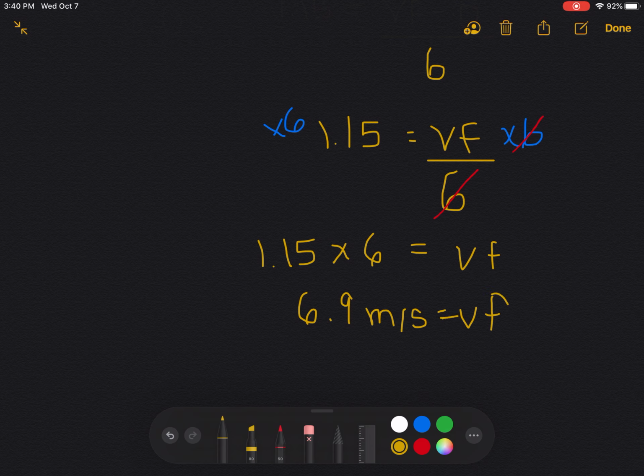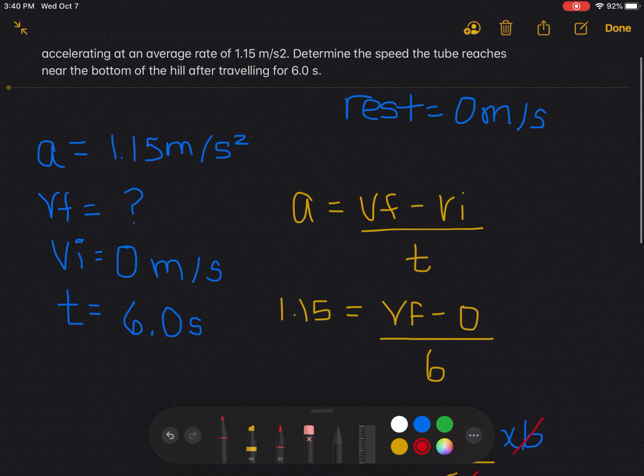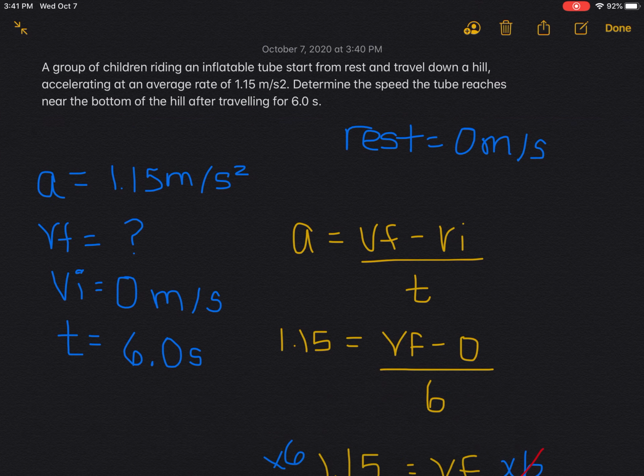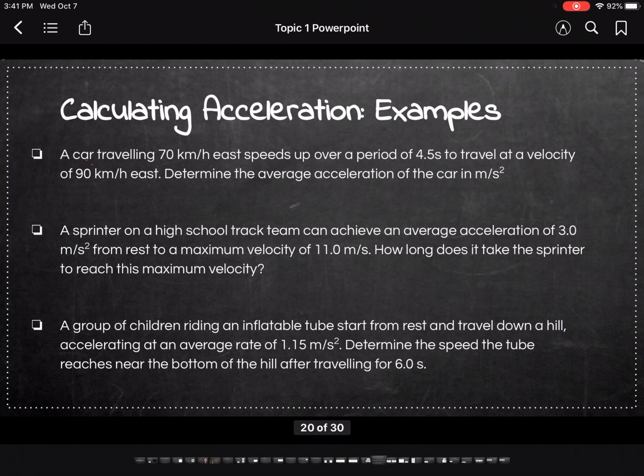And because there's no extra decimals here, that's fine. You can keep it that way. Just circling our answer. So that's how you would do a question like that. These examples are coming from this slide that says acceleration examples, right?